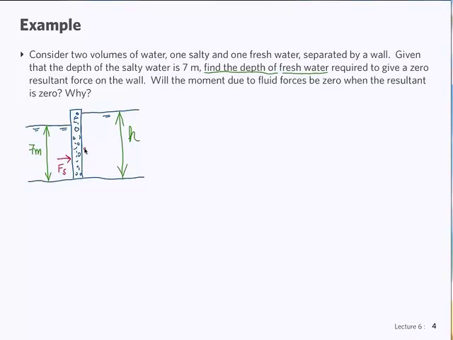And we have another force somewhere here, equal to a force of the fresh water. Let's use a little f here. And we want zero resultant on the wall, so we need Fs equal to little f. A zero resultant on the wall.